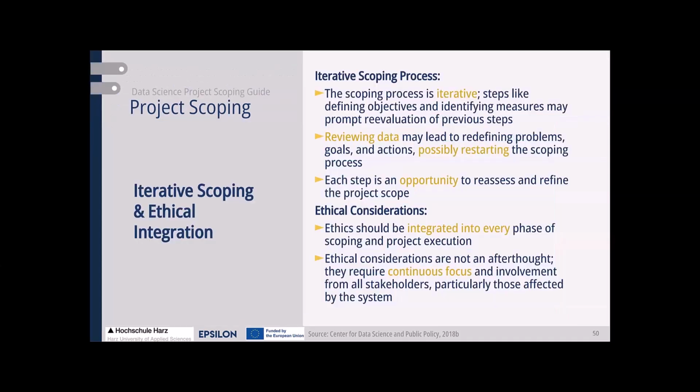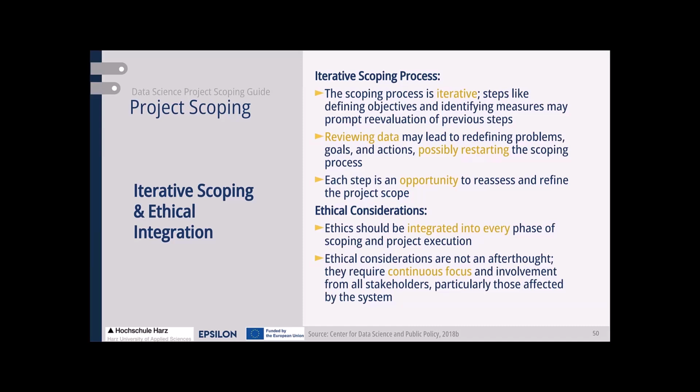So based on the scoping process, we would like to spend some thoughts on the iterative nature of scoping and the ethical integration into the scoping process. So first of all, you should be aware that the scoping is not a fixed point of the process. It is a rather iterative step.